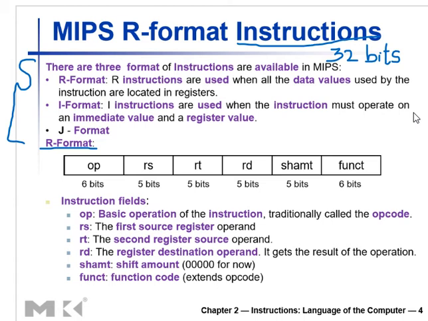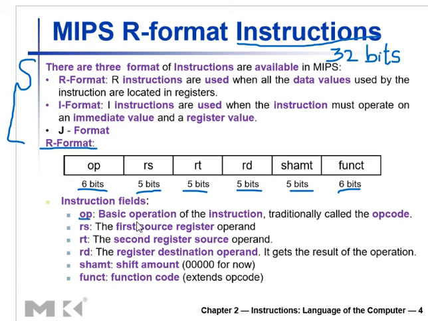How are the 32 bits organized? The first 6 bits are used for the opcode. The next 5 bits for RS, another 5 bits for RT, another 5 bits for RD, the next 5 bits for shift amount, and the last 6 bits are for the function code. So it's written here.